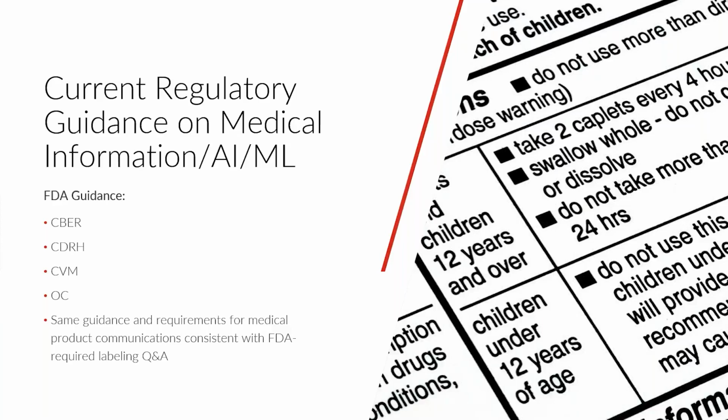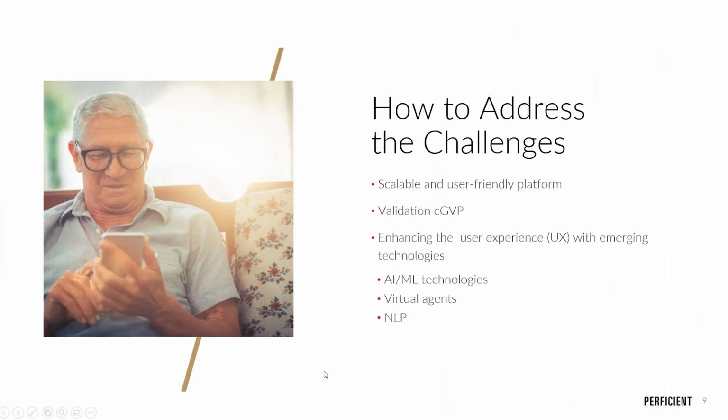They're subject to GXP requirements. So how do we address all of these challenges? First of all, we want to be able to use something that is working for the individual call center. We don't want to come in and change everything.